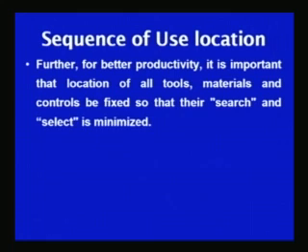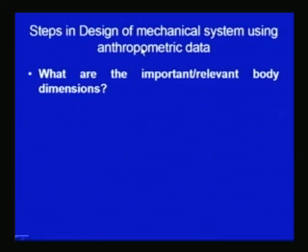And therefore, the engineering systems which will be used by the worker while carrying out the job should be designed in such a way that they need less effort from the operator for performing the desired job. The design of the mechanical systems which will be used by the worker during the operation should be based on the anthropometric aspect of the worker who will be operating the mechanical systems.